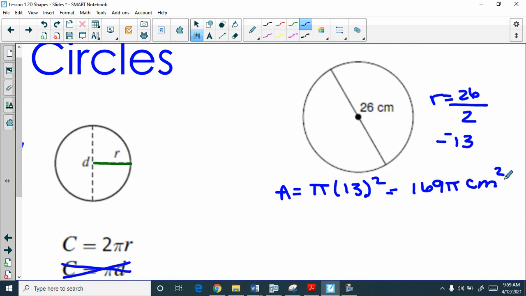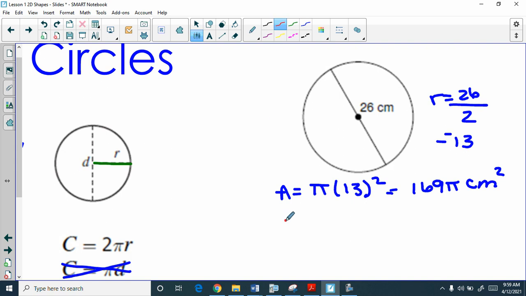Now, if we were typing this into decimals, I would want it in a decimal. So you would just type 169 pi into your calculator and round to the 3 decimal places. Please make sure you are using the pi button on your calculator and not 3.14.